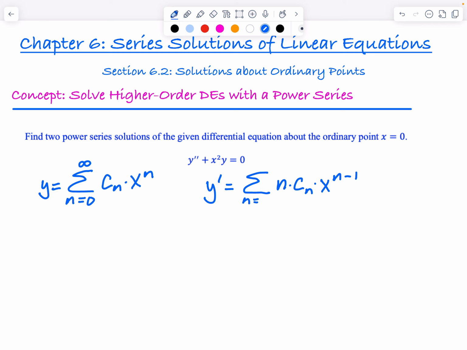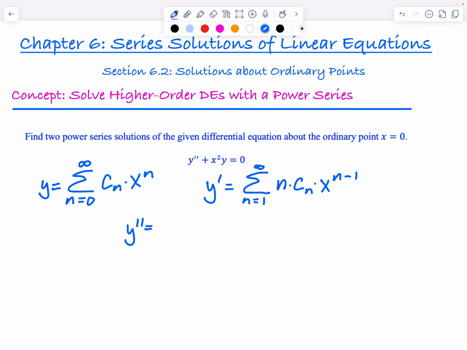All right, so the n comes down, I get n minus 1. Now, over here, it started at n equals 0. If I do n equals 0 here, you can see that the first term would end up being a 0. So instead of doing n equals 0, we're going to do n equals 1 to infinity. The reason being is because when n was 0, we just got a 0, so we might as well go up. All right, we want to get up to the second derivative.